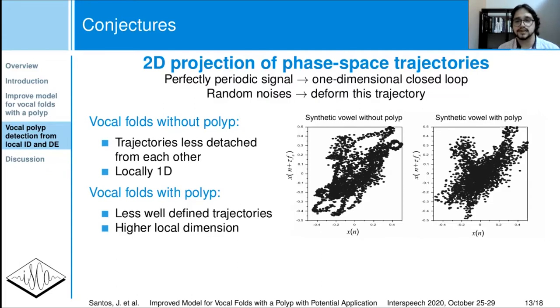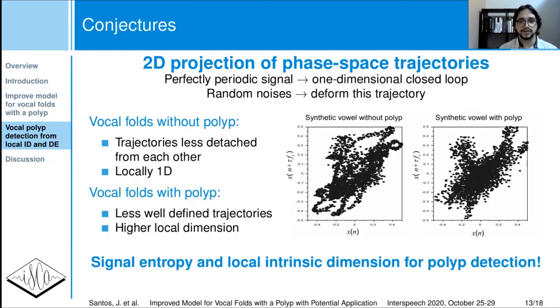On the other side, the synthetic vowels with polyp have trajectories less well defined and look to be in a higher local dimension. So we could see more clearly that there might be a relation between signal entropy and local intrinsic dimension as an important tool for polyp detection.